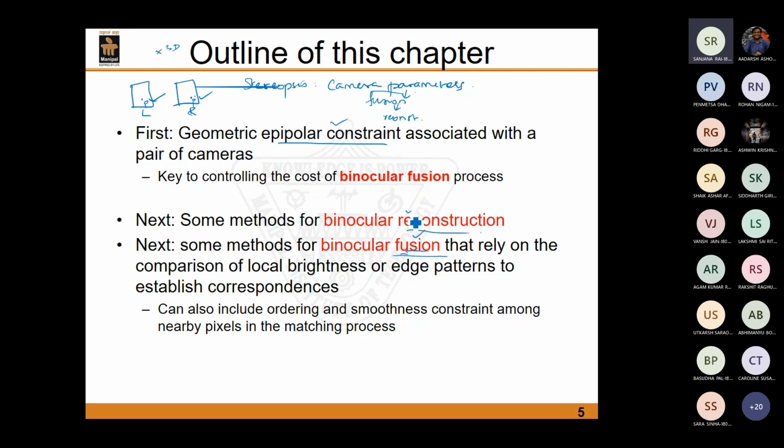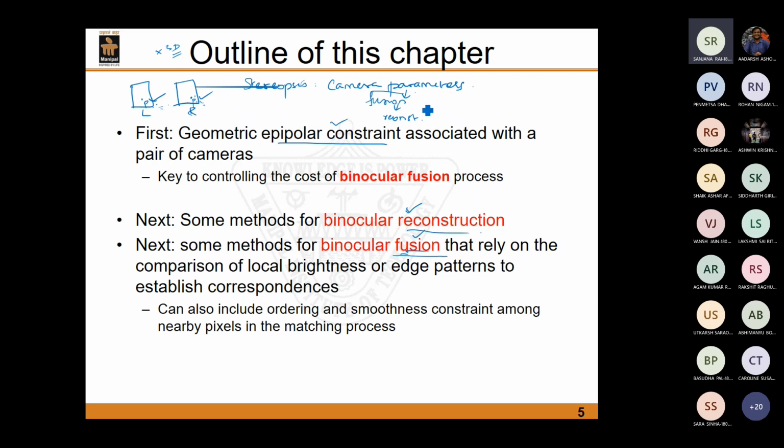So before fusion, we will discuss how we can calculate the 3D point over here, and then we will discuss fusion. Fusion means how the corresponding point pairs can be found.